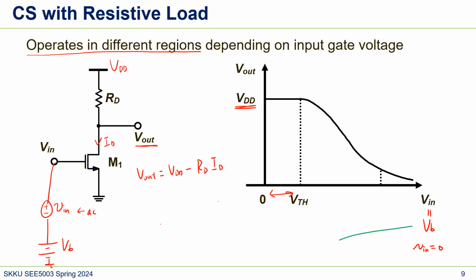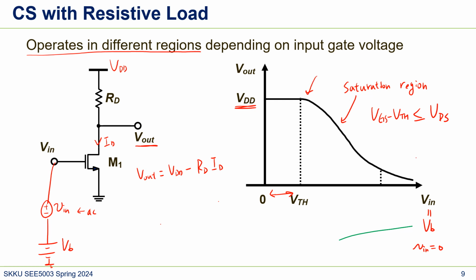So if we increase the voltage more, the V out decreases, because the current here flows larger. And this region is the saturation region. We need to think about why. What's the saturation region condition? VGS minus VTH is smaller than VDS, right? So VD starts from VDD, which is a very large value. So here the VD is maximum.